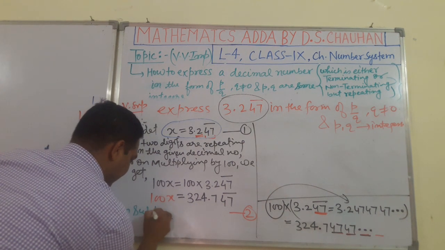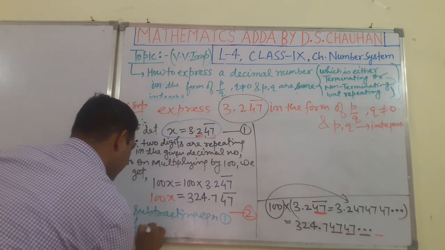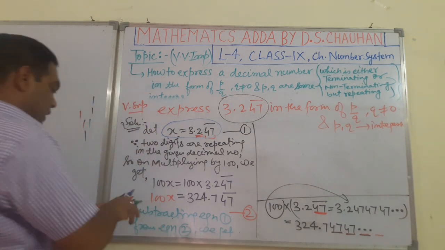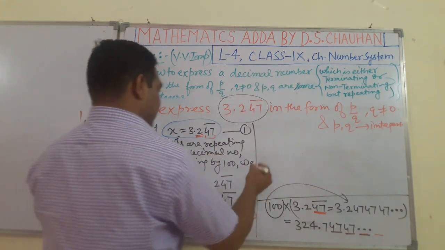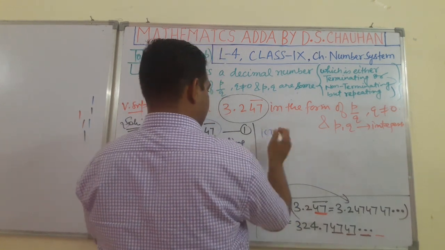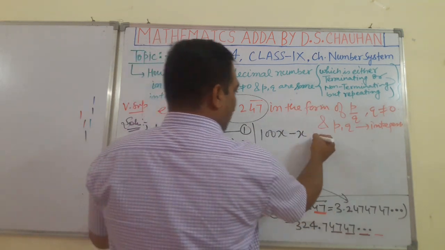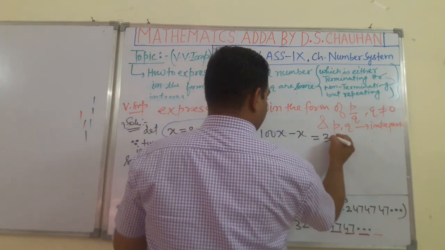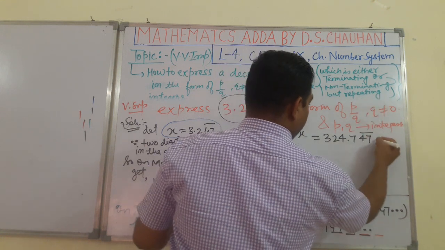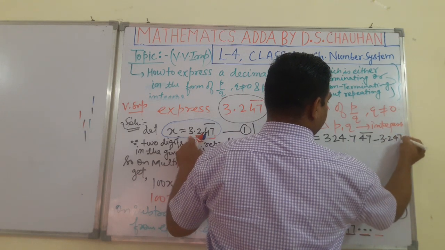On subtracting equation 1 from equation 2, we get, students, try to understand, 100x minus x, left to left, right to right. And here 324.747 bar minus 3.247 bar.